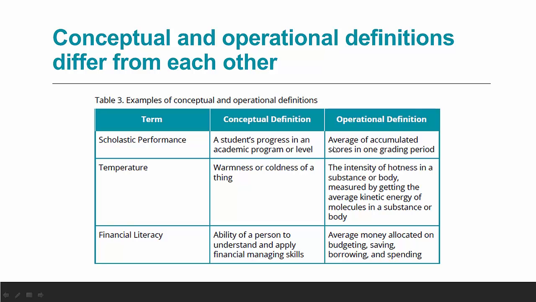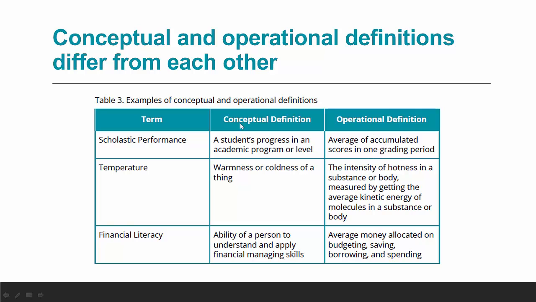Operational: the average of accumulated scores in one grading period. So see the difference? Conceptual is a student's progress in an academic program or level. If we talk about operational, scholastic performance is used in determining the result of your research. Okay, that is your operational.